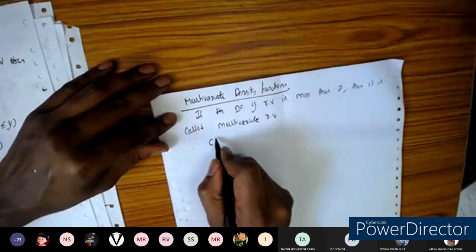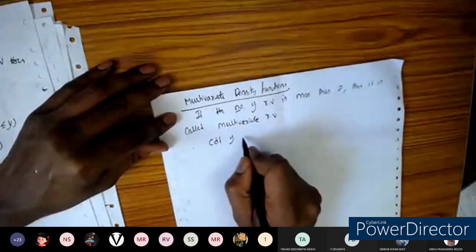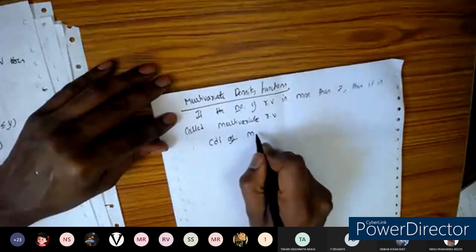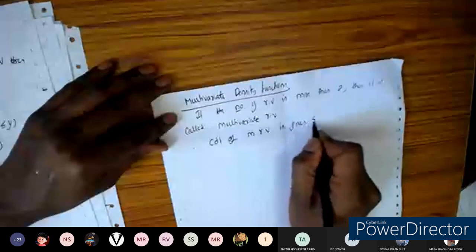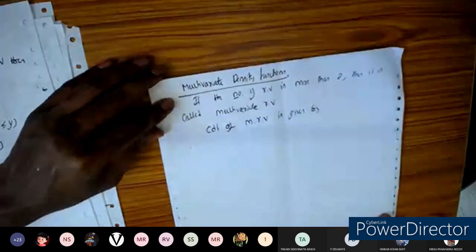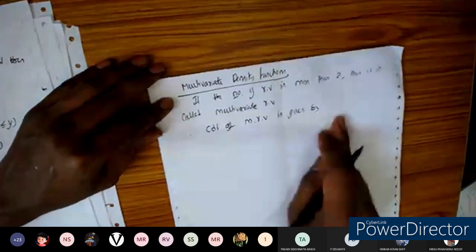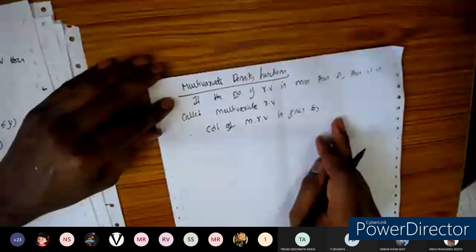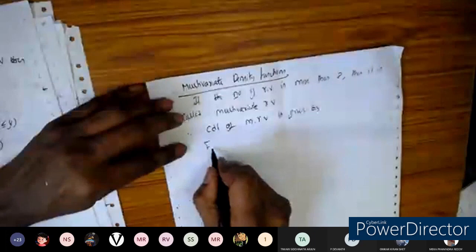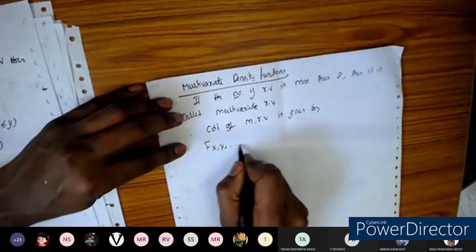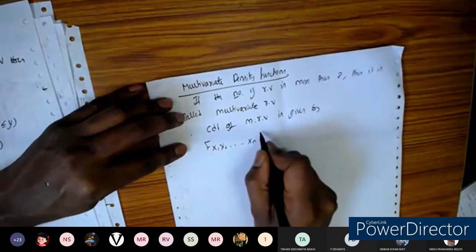The CDF of a multivariate random variable is given by the following. Just as we wrote the CDF for the bivariate random variable, we can extend it to the multivariate random variable: F of x1, x2 up to xn, where n is the number of random variables.